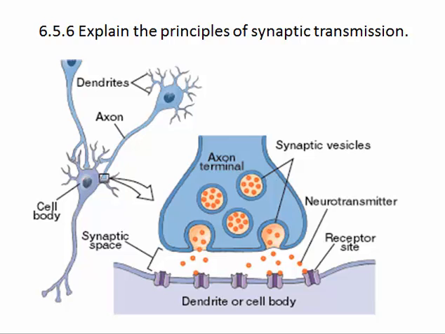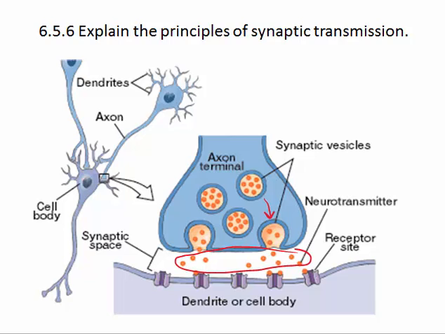So if you look on page 179, you can follow the sequence here. The calcium ions diffuse into the terminal button. They reach these vesicles that contain the neurotransmitter. By exocytosis, the neurotransmitter gets released into the synaptic space.